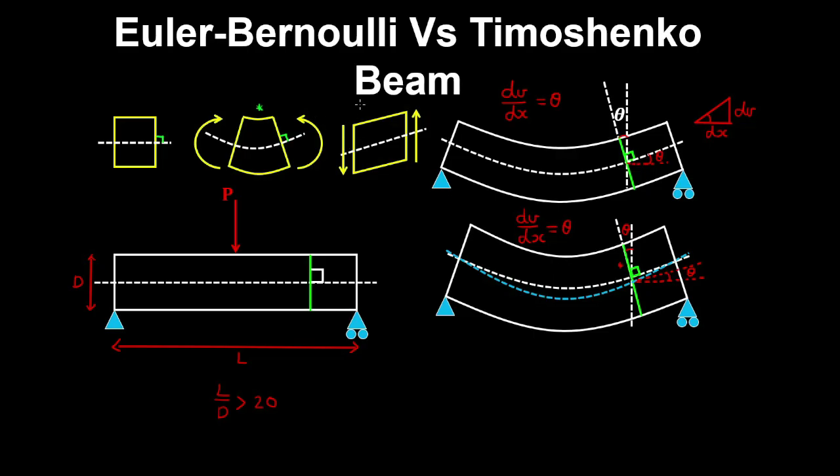Now if we consider shear deformation, which needs to be considered for a Timoshenko beam, which is a lot thicker than the Euler-Bernoulli beam, then you have this additional shear strain, which is a rotation due to the shear deformation.